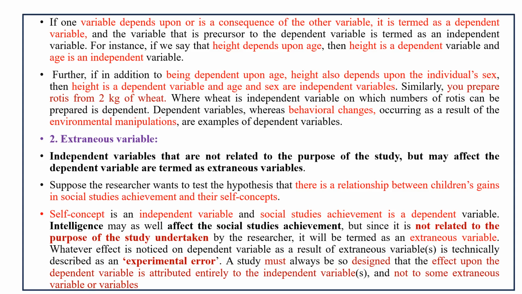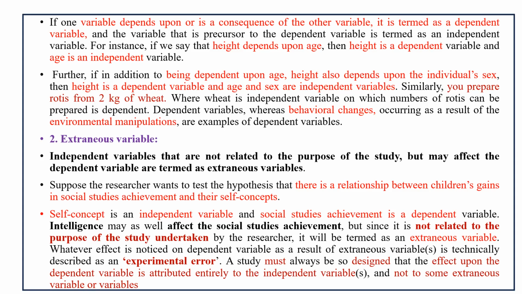Now, always remember that whatever effect of this extraneous variable is noticed on the dependent variable, it is technically termed as experimental error. So whatever effect the extraneous variable has on the dependent variable is described as experimental error.